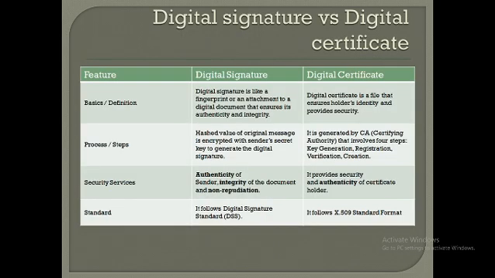So digital signature versus digital certificate. Later we will be discussing the digital certificate. Digital signature is like a fingerprint or an attachment to a digital document that ensures its authenticity and integrity. But a digital certificate is a file that ensures the holder's identity and provides security. So a digital certificate can be sent separately.